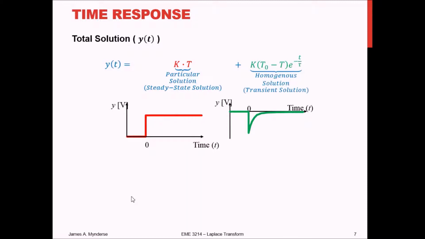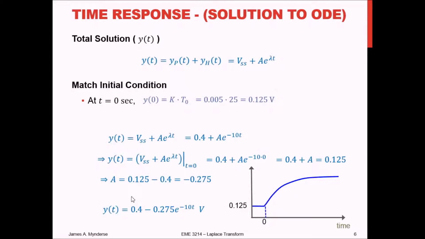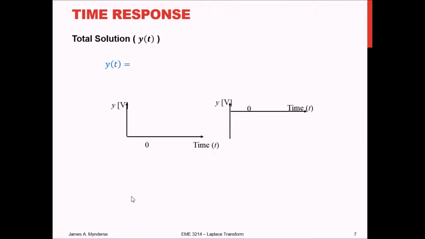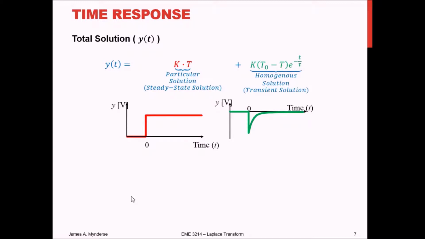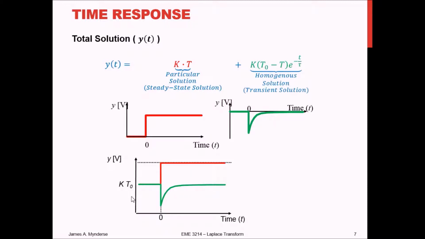You notice it's negative, right? A is a negative number, so it looks like this. Let's add those two together, and you get that final solution.